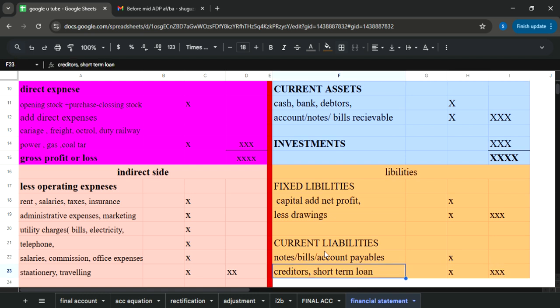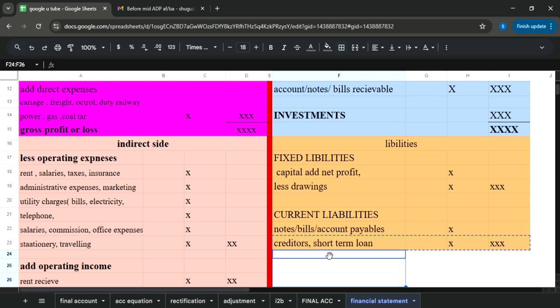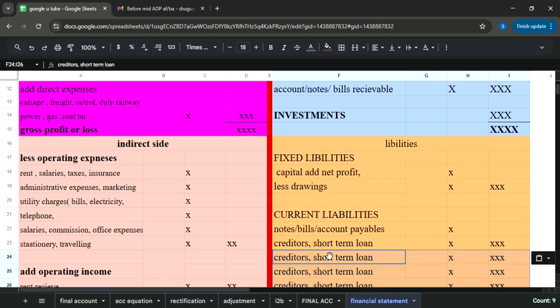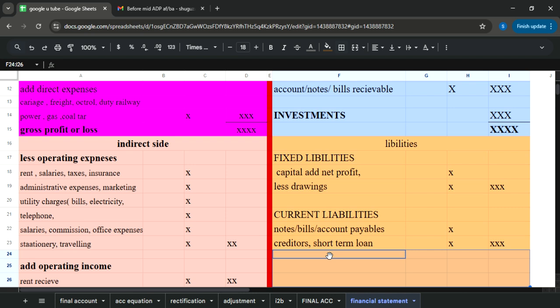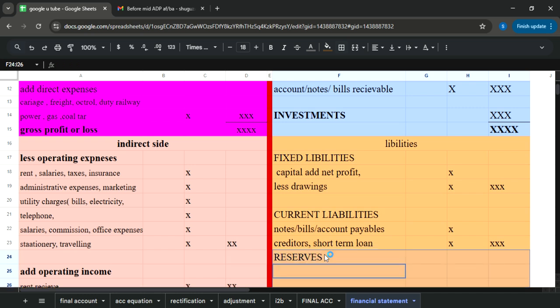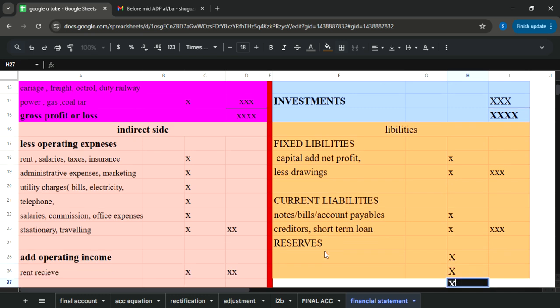Over here we need a little more space. Let's create a last item related to liabilities. You will put over here, and that would be reserves. All type of reserves which are considered your liability, you will write over here. Then final sum would be presented over here.